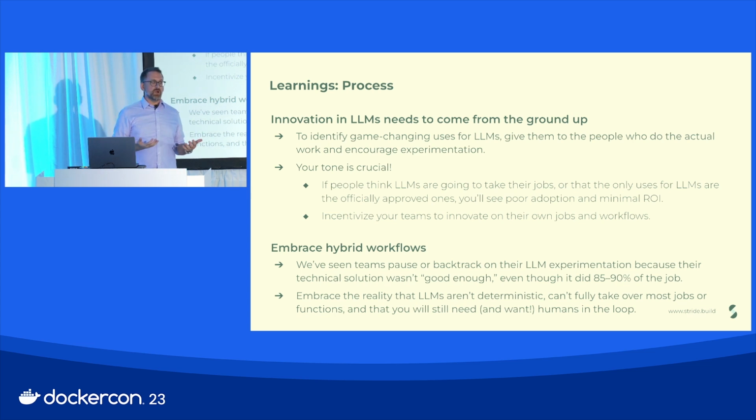I mean, there are right ways to do it, and I think there are a few wrong ways. But in particular, what you need to do is look at it as a ground-up operation. If it comes from the top down, that says two things to people. It says, I can only do with this what you tell me I can do, because otherwise I'm going to get yelled at, and you're probably going to replace me with this at some point, right? If it comes from the top down, that's the message it sends.